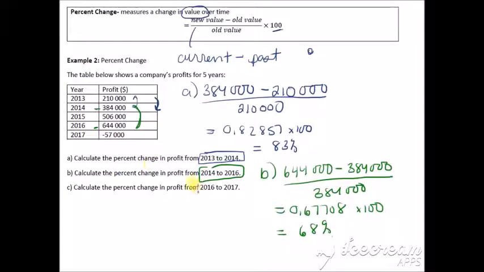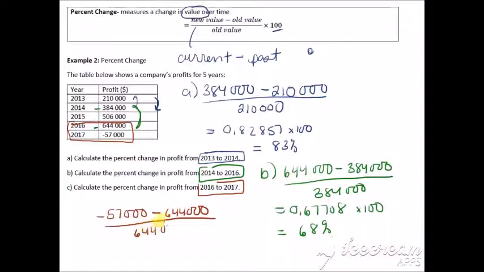Okay, and now let's go 2016, 2017. Okay, so this was a little bit different because if we take a look at these two numbers, one's actually negative. So we're going to go new value, which is negative 57, and then we're going to subtract the old value, what we actually started at. So we started at 644,000, and now we're at negative 57,000.